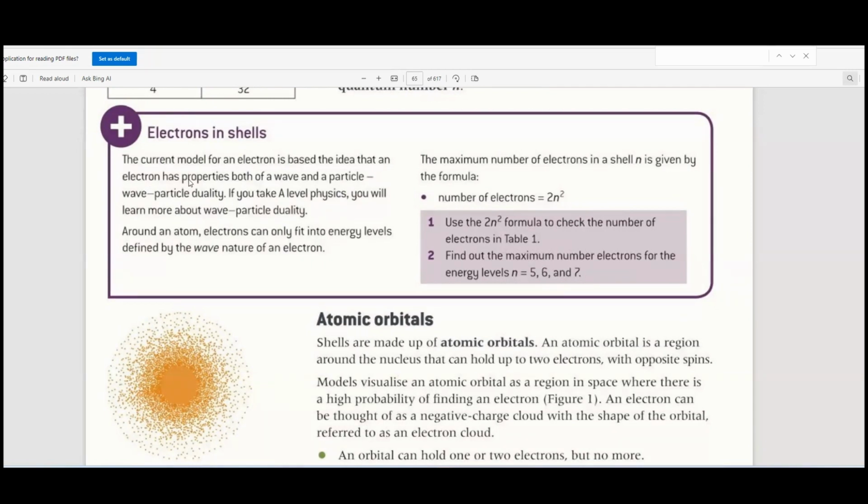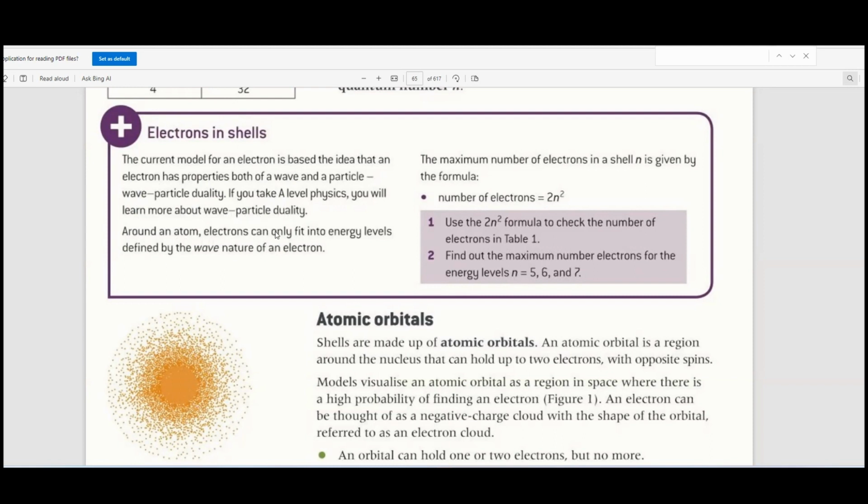What they are saying here is that electrons have properties of both wave and particle. A wave has different properties and a particle has different properties, but electrons have the properties of both.